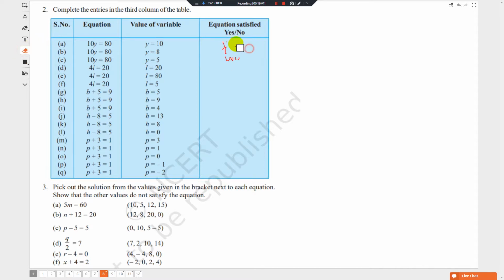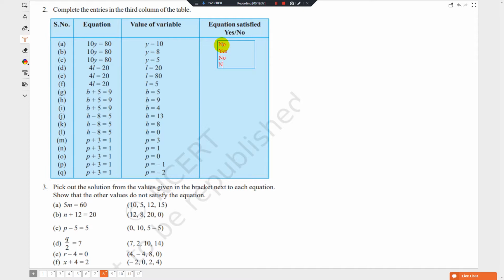Okay, wait a second. This will be no. And second is yes, right? Third is no. Now what about fourth? 4l is equal to 20. l is equal to 20. 20 fours are 80.